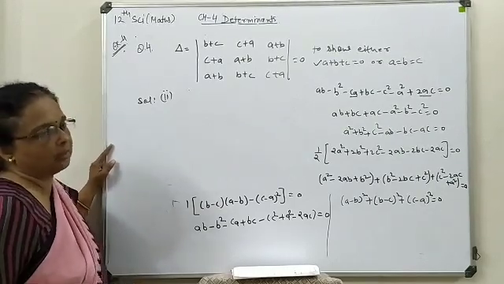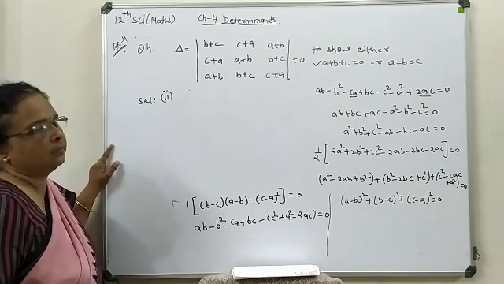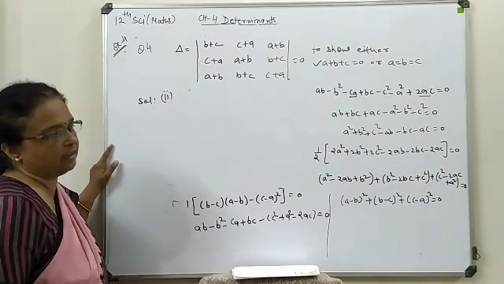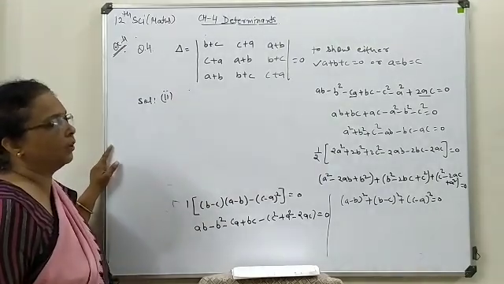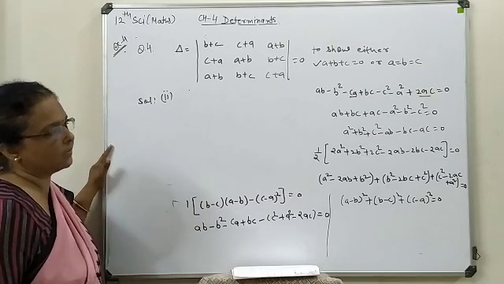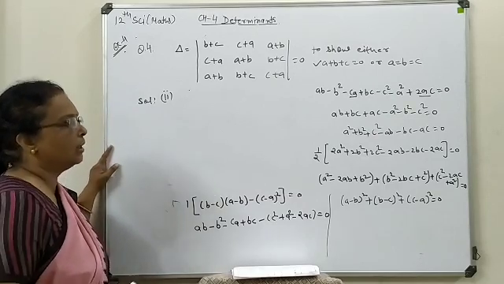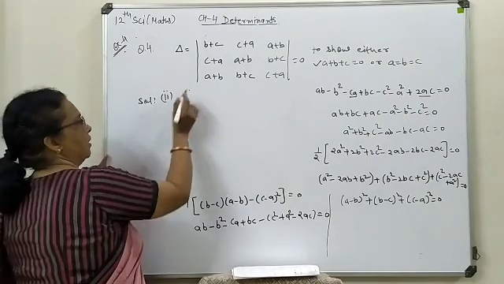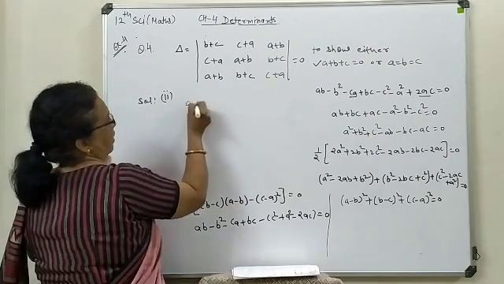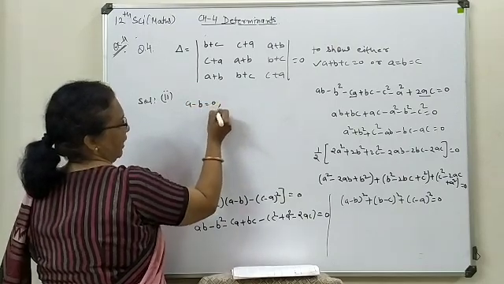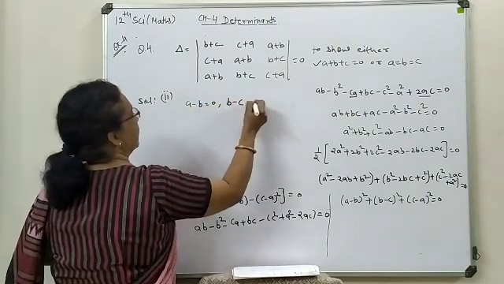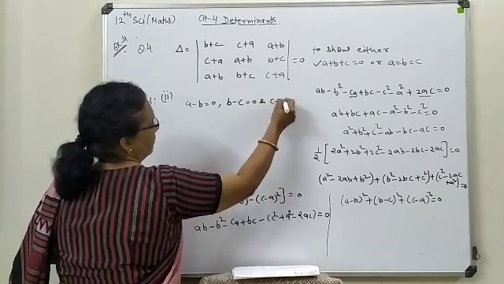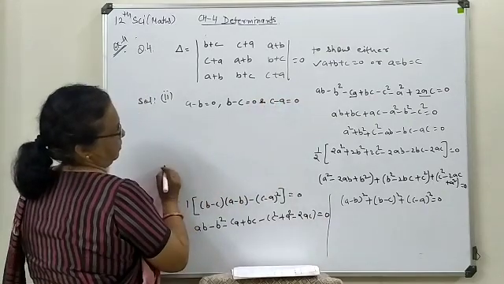Practically this is possible only when each term is 0 at the same time. Then only the sum of these 3 square terms can be 0, otherwise not possible. So to maintain the same relation, it is compulsory to have A minus B equal to 0, B minus C equal to 0, and the third one, C minus A equal to 0.